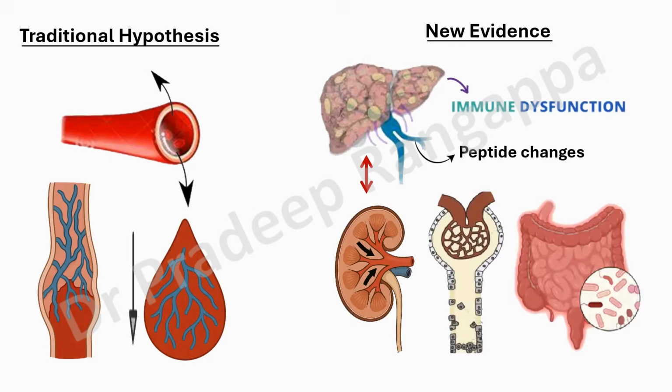And this is a new thing. The most newer thing is that there is gut dysbiosis. There are microbiome changes because of the portal hypertension. The gut integrity is lost, and there is gut translocation. I have done a separate video on gut microbiome and dysbiosis, which leads to a smoldering inflammatory process, which leads to AKI.